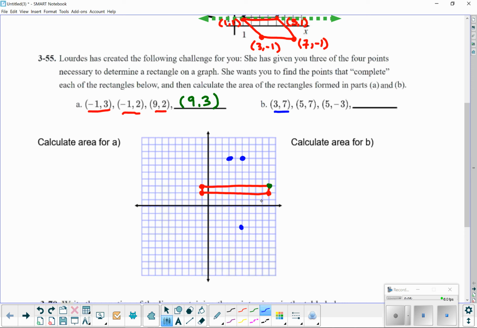And then what's the last part? So if I look again, I got that right there. Got that right there. So I need to make a rectangle, which means that I also need the same parallel piece, which is right there. Okay, and again, the one I'm going to put in purple, that's going to be 3 and negative 3.